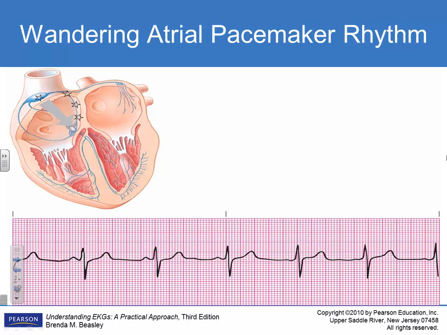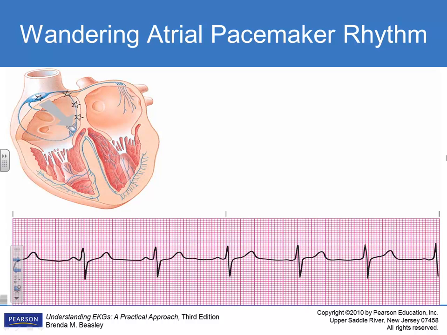Okay, here's a picture of a wandering atrial pacemaker. So look at those P waves. Do you see any that are absent? Is it absent or is it just really small? Really small. How about the PR intervals? Are they all normal? They're probably within normal limits. Some a little bit longer than others.